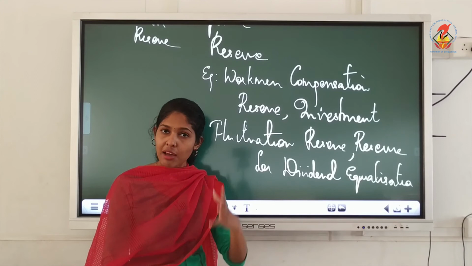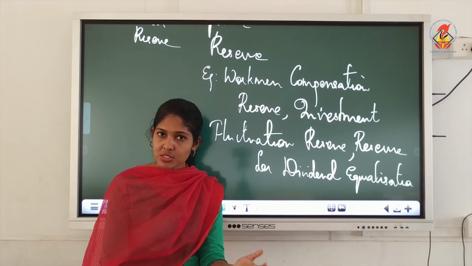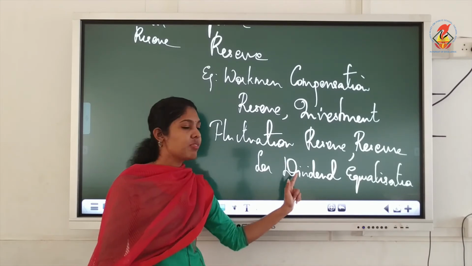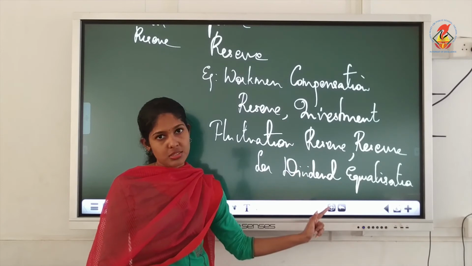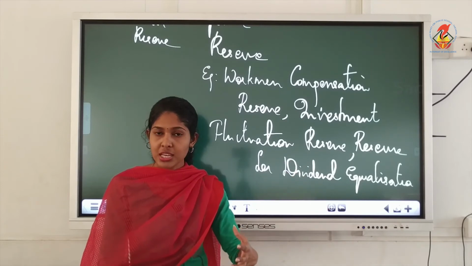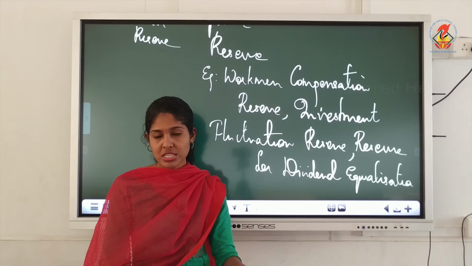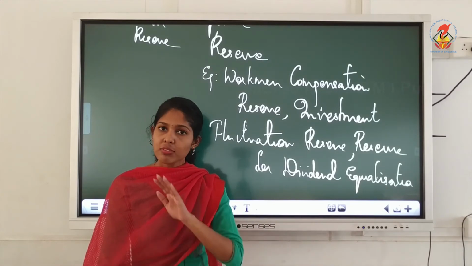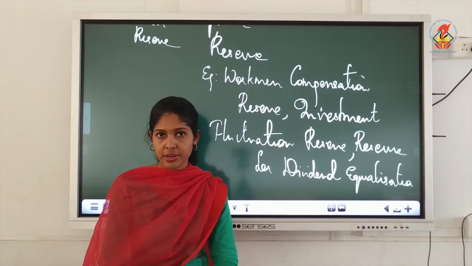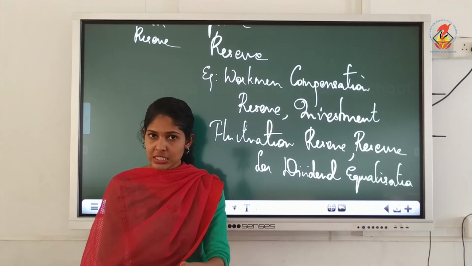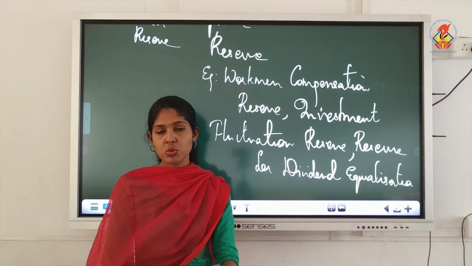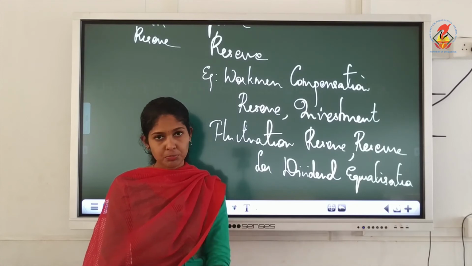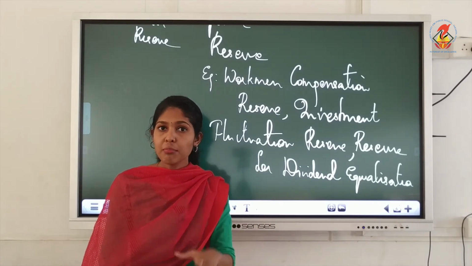So when you have enough profit, we will transfer some amount to this dividend equalization reserve. So what is the benefit of that? Suppose this year we had enough profit, we transferred some amount to the dividend equalization reserve and we could distribute the dividend to shareholders. Next year we incurred a loss, so we are not able to give them dividend.